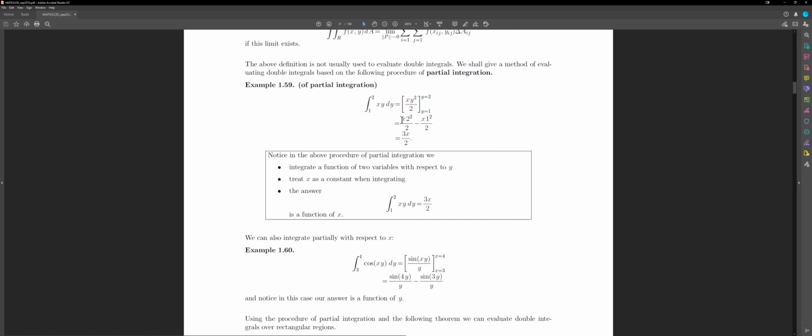So this is 4x on 2 minus a half x. You put in y is equal to 2, you get this expression. You put in y is equal to 1, you get this expression, and you do what you normally do, you subtract them. So here I have 4x on 2 minus x on 2, and what I'll get is 3x on 2. Okay, so that's an example of partial integration.